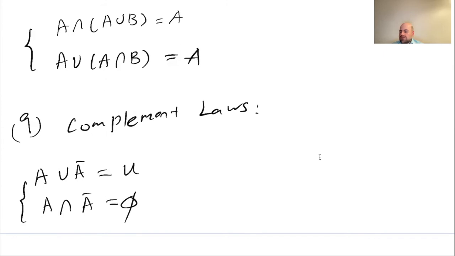But what about the intersection? Again, obviously intersection is empty set, because there's no element which is in both, because A complement is a set of elements which are not in A. So there's no element which is in A and also in A complement at the same time.